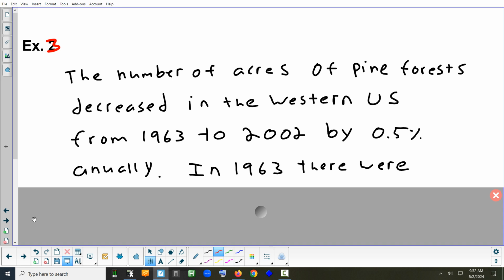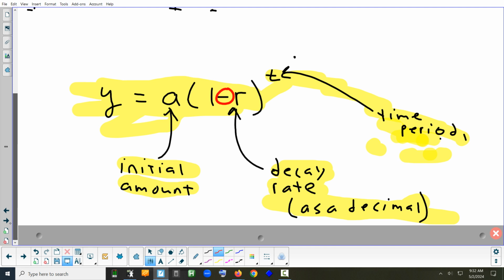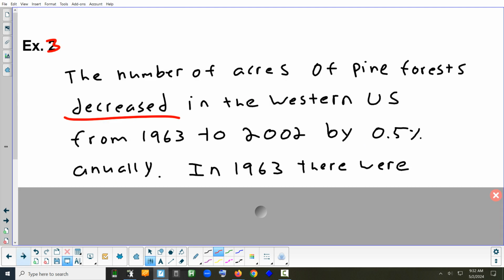What word here tells you that this is going to be decay and not growth? Decreased. Right. When you see a problem that has the word decreased in it, that means it's going to be a decay problem. That means you need to use this formula. What word would you see here if it was about growth? Increased.